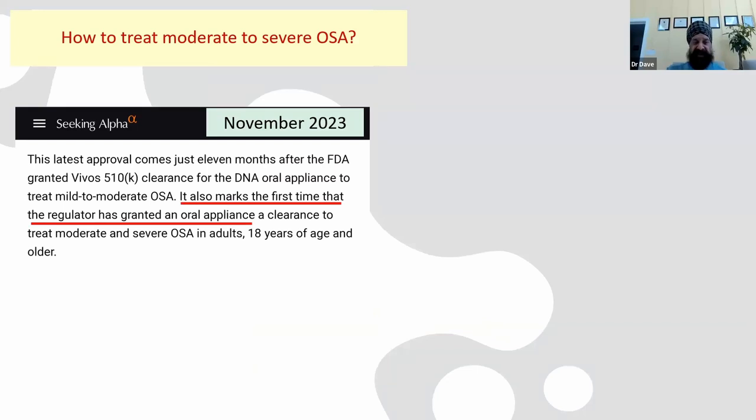It's the first palatal expander to be approved for sleep apnea treatment in adults. So there's a marked difference between an oral appliance, which indicates a mandibular device, versus this device they're talking about, the DNA device, which is a form of palatal expander predominantly worn in the upper arch.